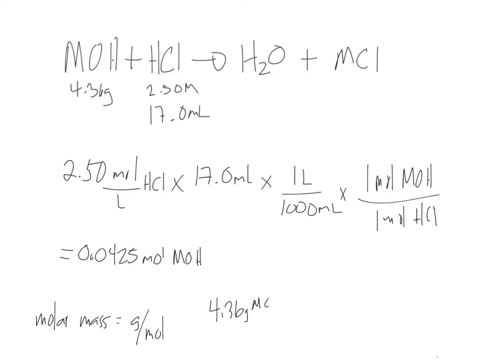We know the number of moles, that is 0.0425. So 4.36 divided by 0.0425 will give us the molar mass of that compound, which is about 102.59 grams per mole. So the molar mass is 102.59 grams per mole of the MOH.